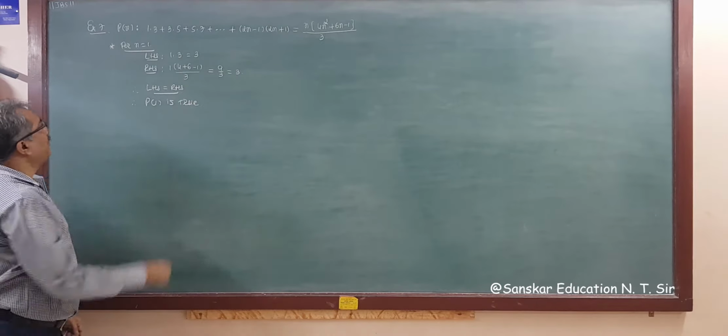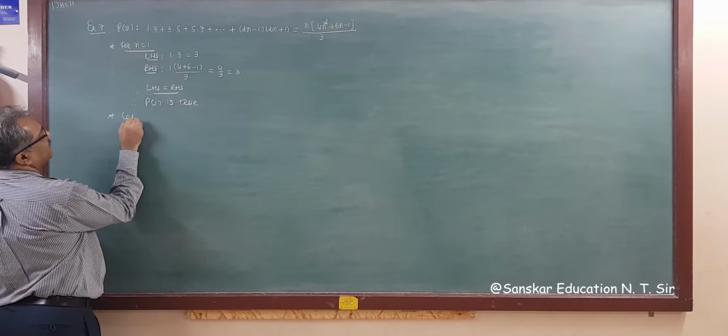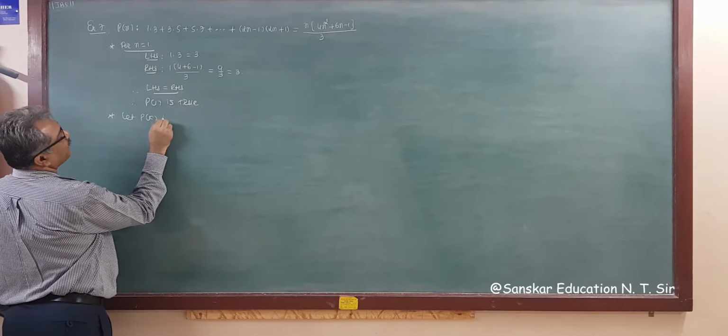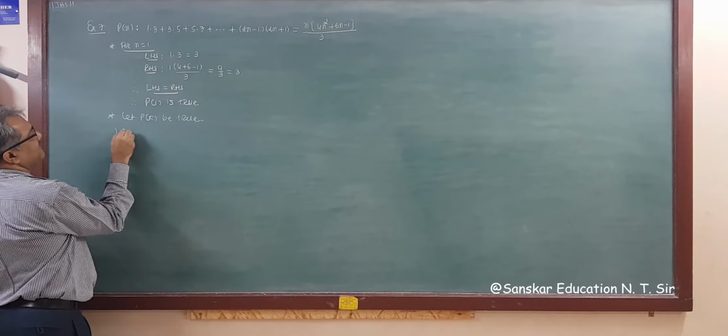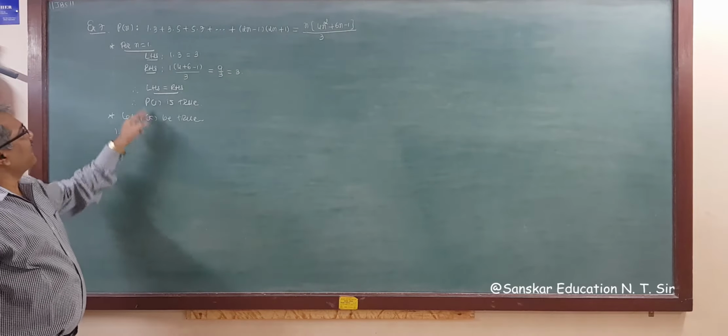P1 is true. Right? Now next step, let Pk be true. What to do? Replace n by k.